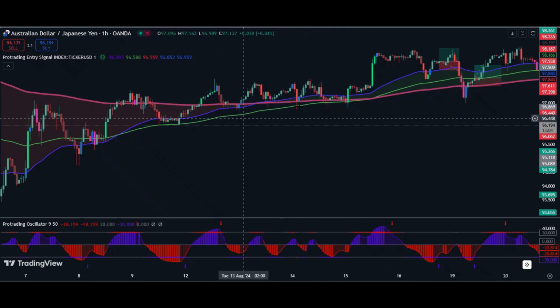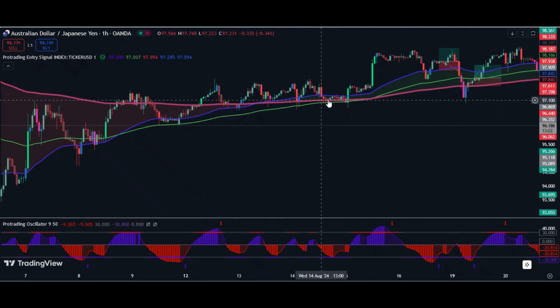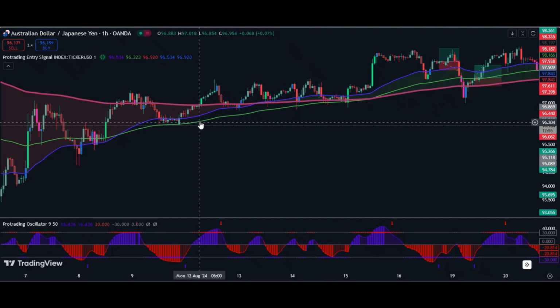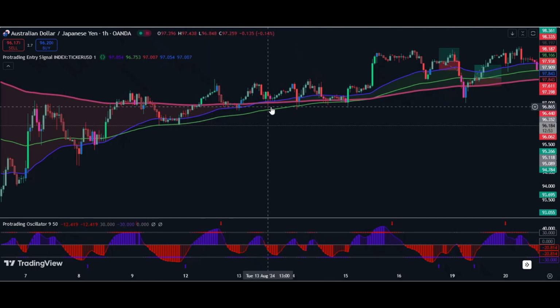At this point the moving averages were below the 200, but from here we have a cross of the 50 above the 200, haven't crossed already the 100 EMA, and here the 100 EMA crossed the 200 EMA. So this is the point when we move from downward trend to upward trend. So from here we are only looking for opportunity to buy the market.